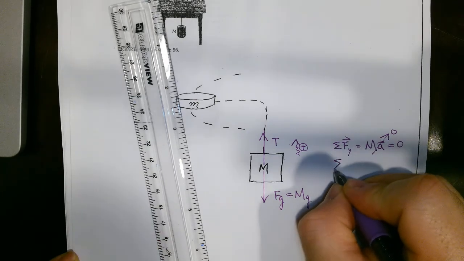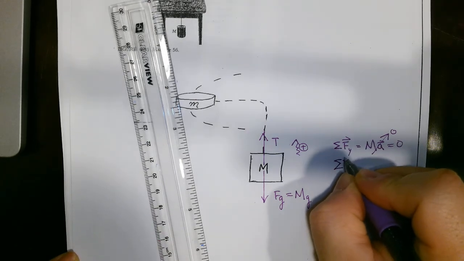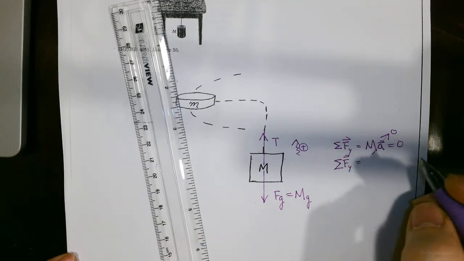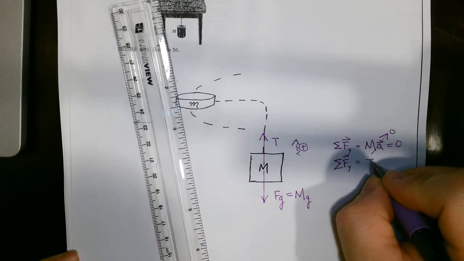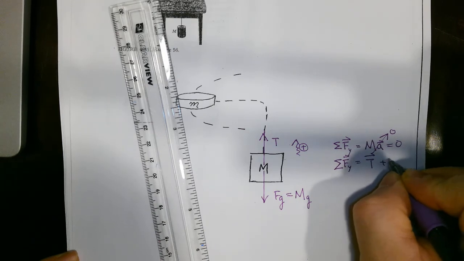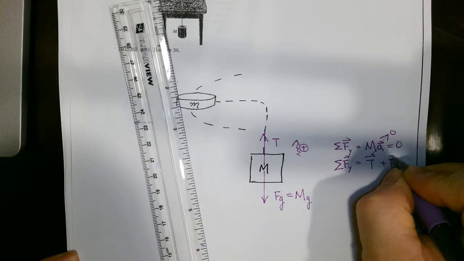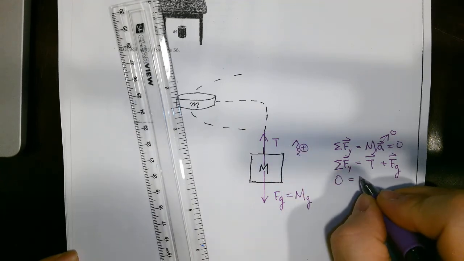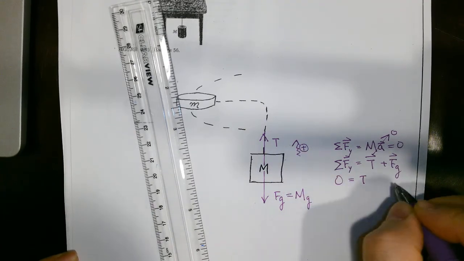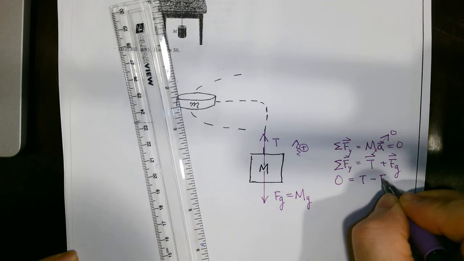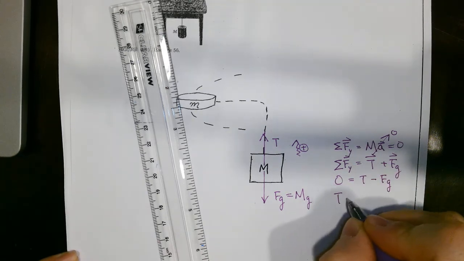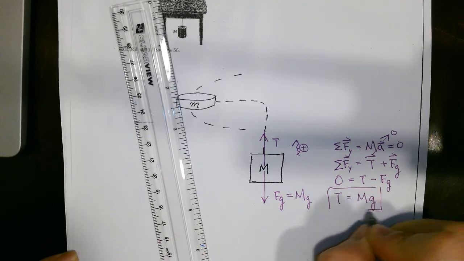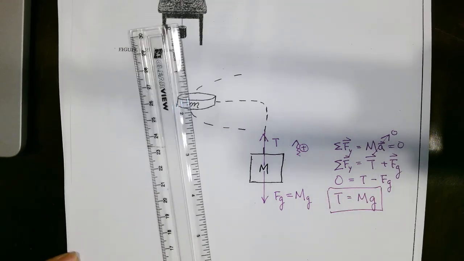The sum of all forces in the y direction for the big mass looks like I have tension and I have Fg. So 0 is equal to tension pointing up, which is positive, Fg pointing down, which is negative. So my tension is equal to big Mg. So that's obvious, right?